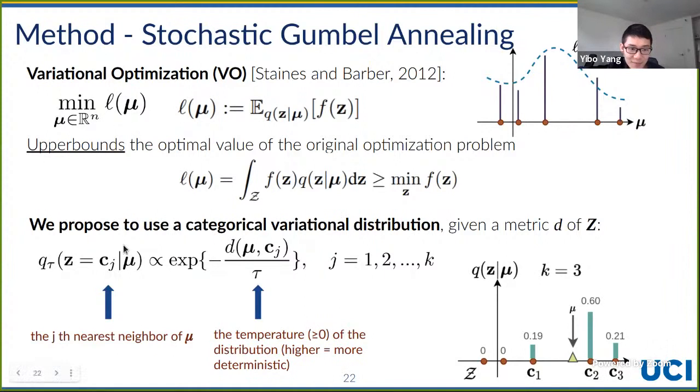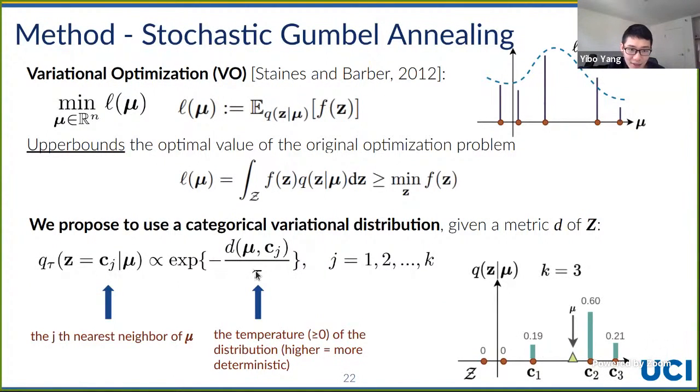So that is basically captured by the way we design this Q distribution. We propose it to be a categorical distribution that takes on a value that is inversely proportional to the distance between where you are in terms of mu and a nearest value c that is in the search space.